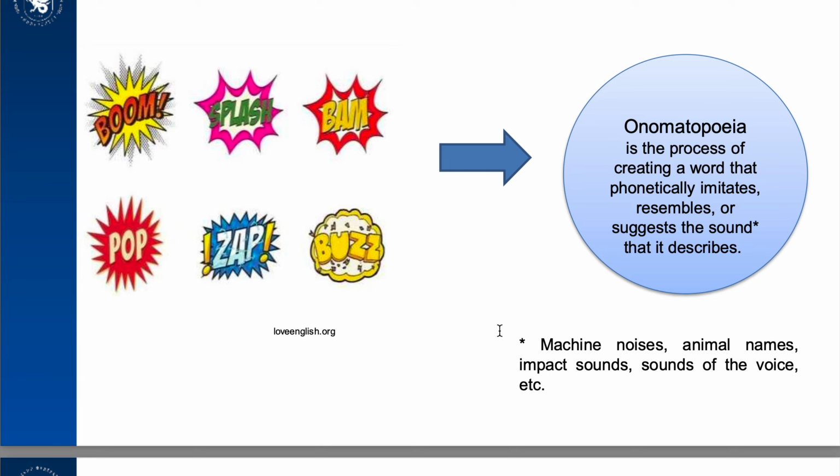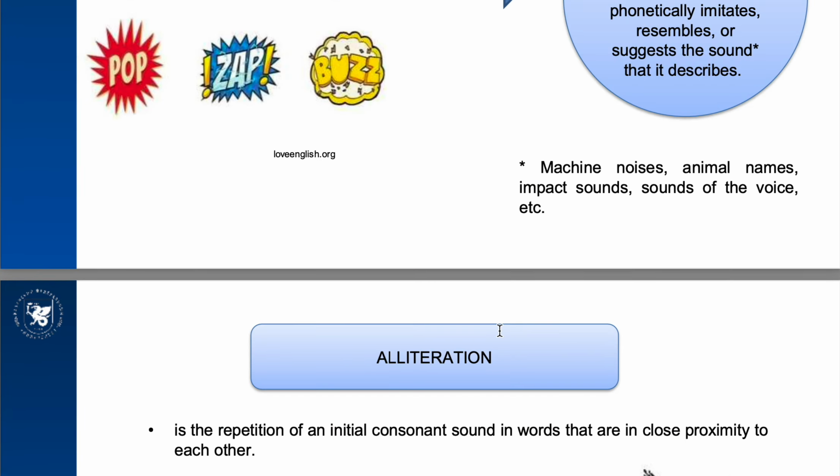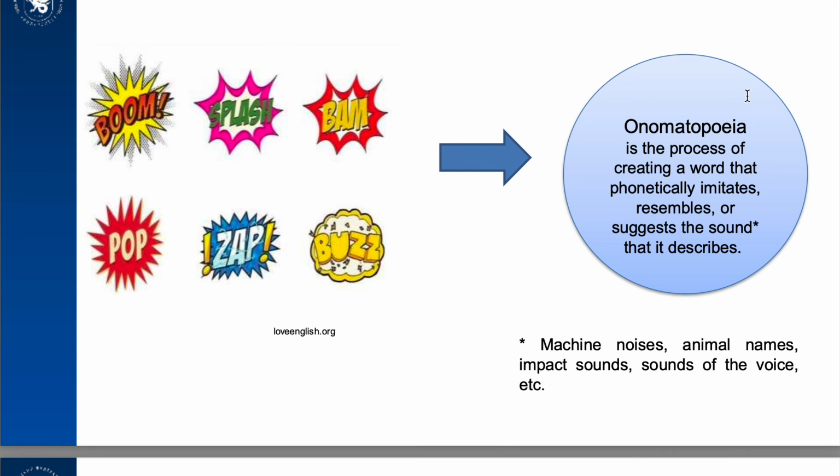You remember how little children try to imitate how, for example, a dog barks or a cat mews. It's a good example of onomatopoeia. Have a look, very interesting writing.